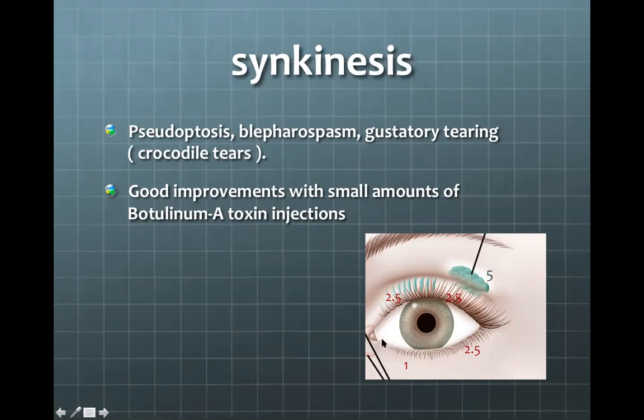It can be because of punctal ectropion, or it can be gustatory because of the synkinesis. And if all of these are not there, it would be because of pump function failure.